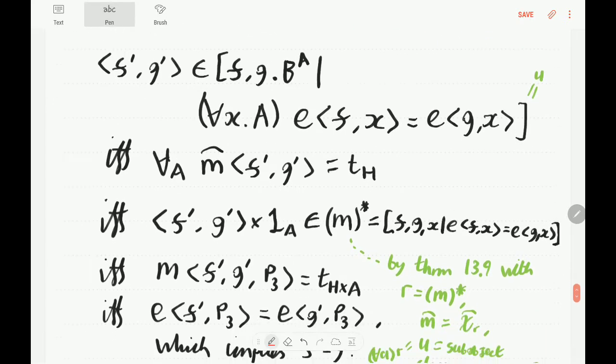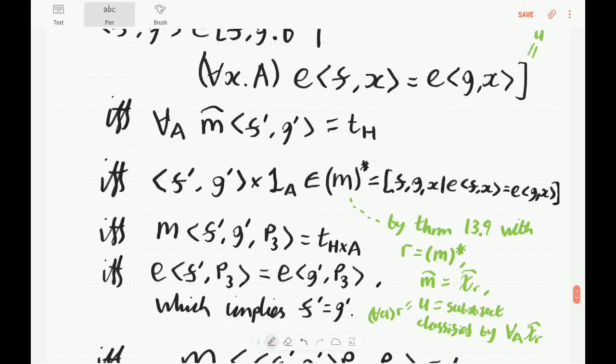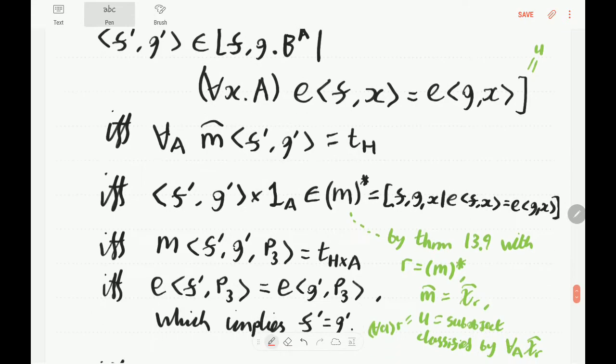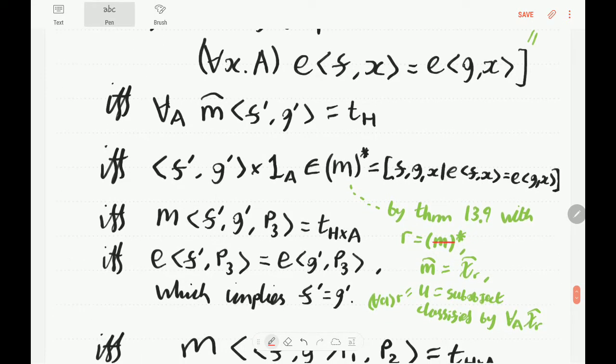Now, basically, we can use theorem 13.9 if we have r equal to m star equal to this extension here. So this is the subobject classified by this. Well then, clearly m transpose is going to be chi-R transposed.